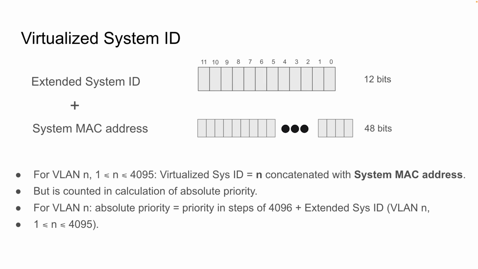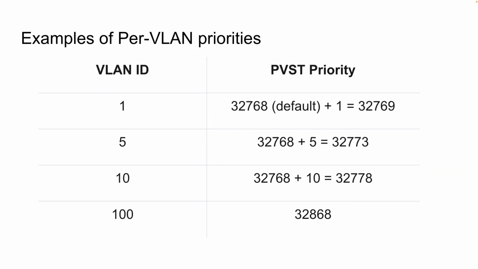It's as if, when you configure 5 VLANs on your switch, you get 5 virtual switches, each having extended system ID plus system MAC address. Plus means concatenated here, not numerically plus. But this field, I mean the extended system ID, is counted in the calculation of the total priority of the switch in the given VLAN. How is it calculated?